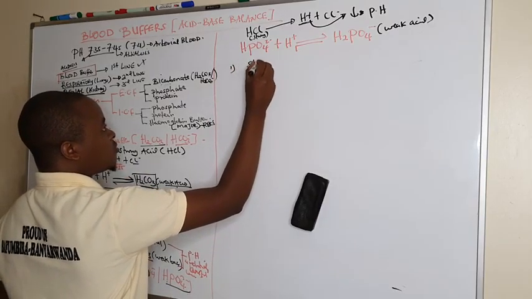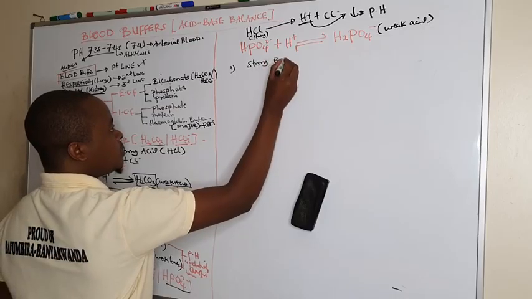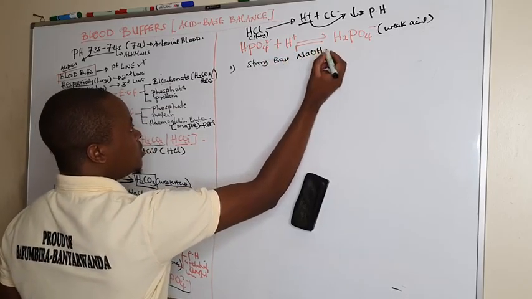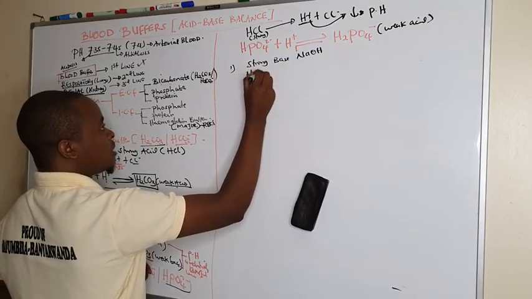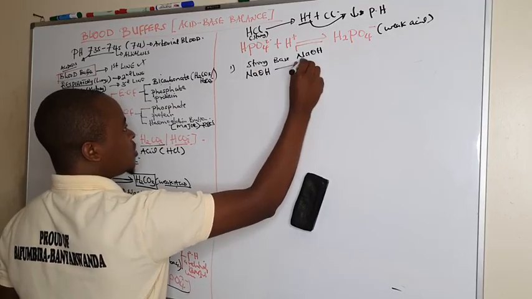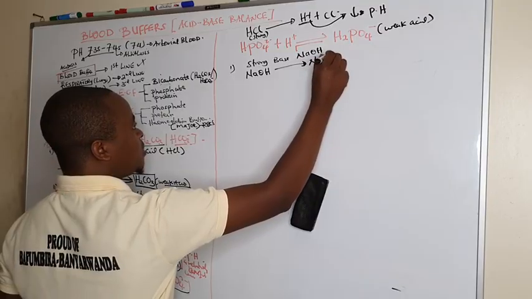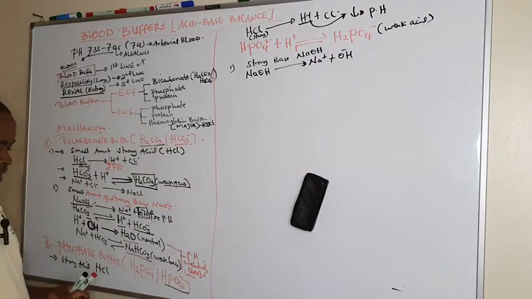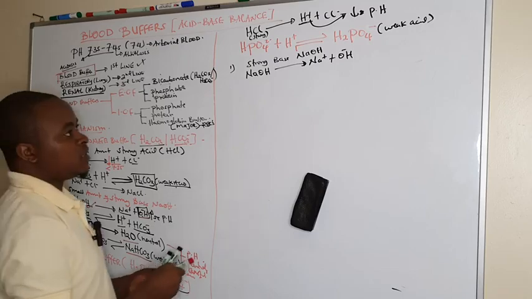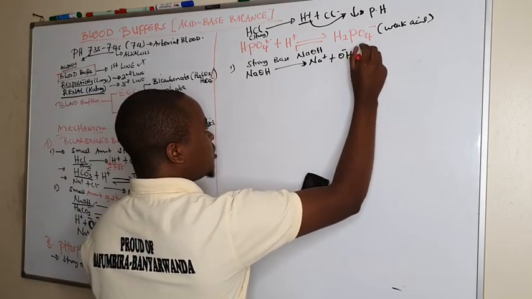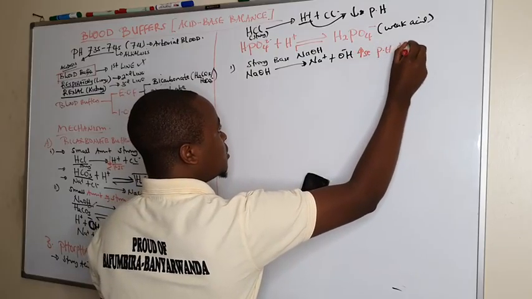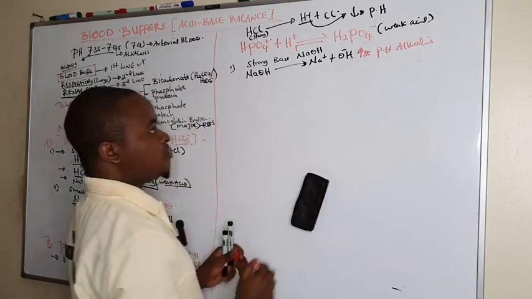Then in case we add a small amount of a strong base, such as sodium hydroxide, this sodium hydroxide will dissociate completely to give sodium ions plus the hydroxyl ions. And these hydroxyl ions liberated are the ones that have the ability to increase the pH to alkaline if they are not removed.